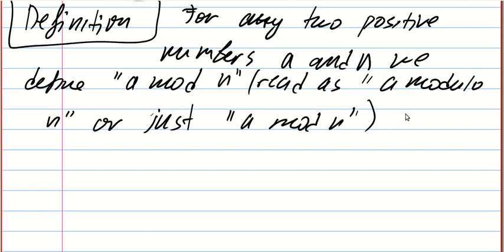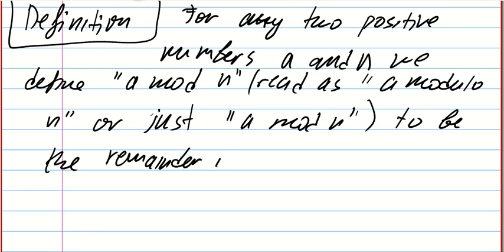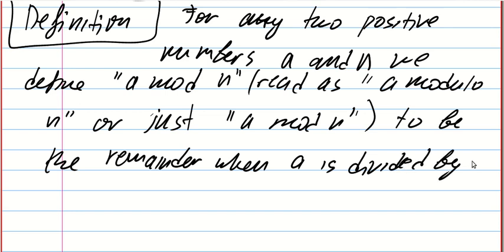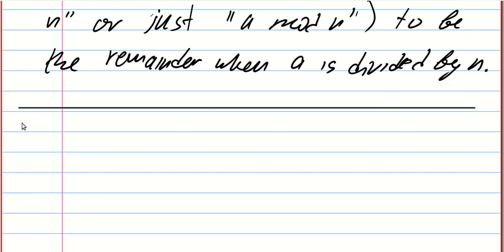So what it is, it's going to be the remainder when a is divided by n. So basically a fancy name for the remainder. So let's try to calculate 5 mod 4 for the example.